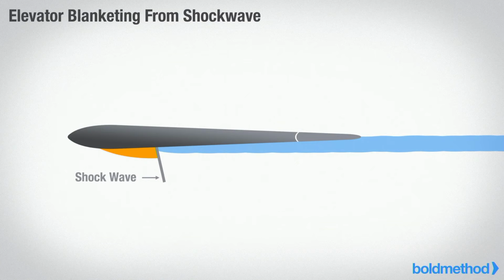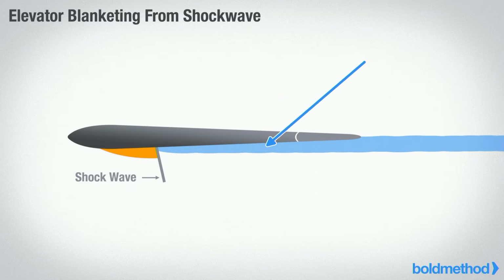And as I continue to pull back, I'm accelerating the air more and more, and eventually I could form a shockwave on that horizontal stabilizer. Okay, so let's go back and you can see what happens. As soon as that shockwave forms, not only may I lose surface area to generate lift, so I don't have the ability to generate nearly as much tail down force off the elevator, but the other problem is look what happens with separation.